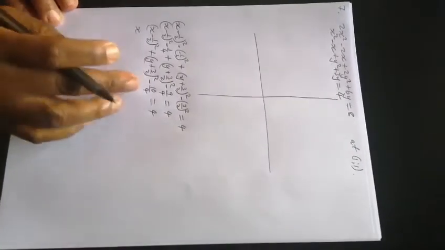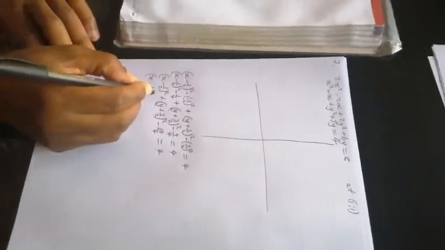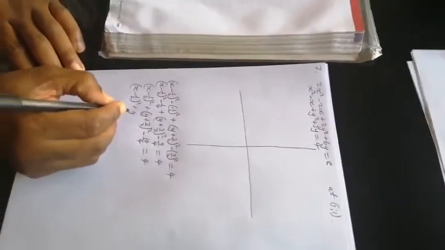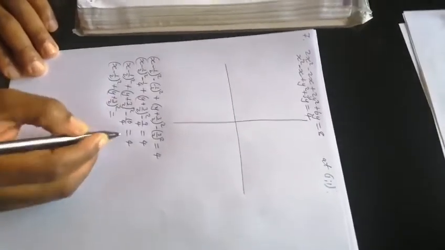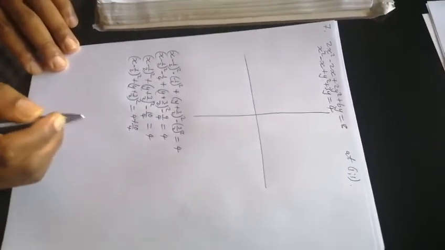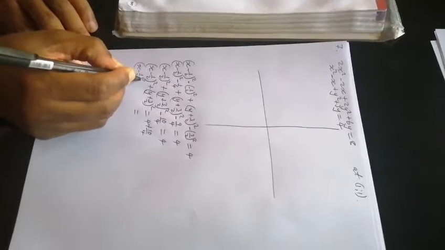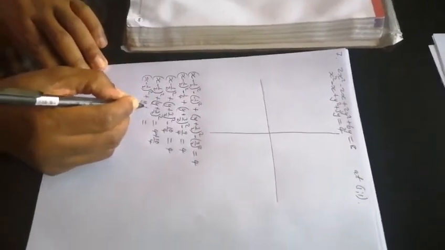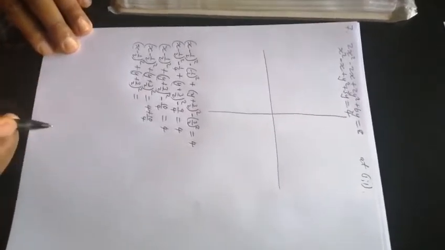Now we shall transfer this constant to the right hand side. x minus half, squared, plus y plus 3 over 2, squared, is equal to 4 plus 10 over 4. We add these two.